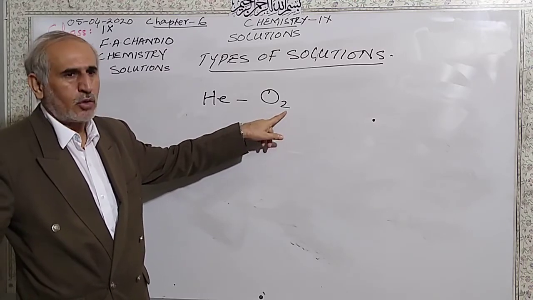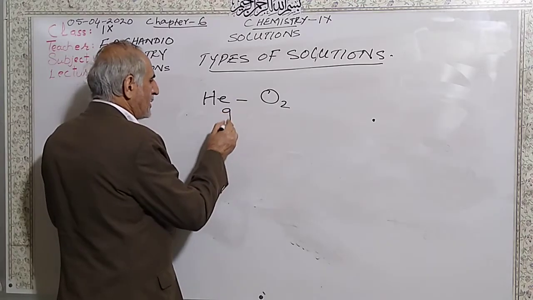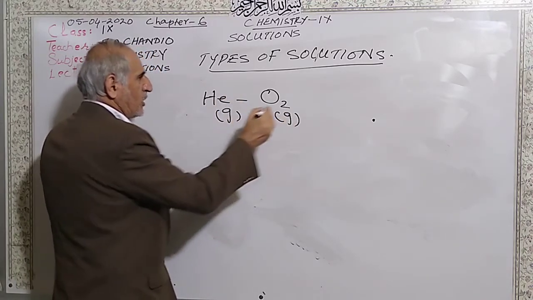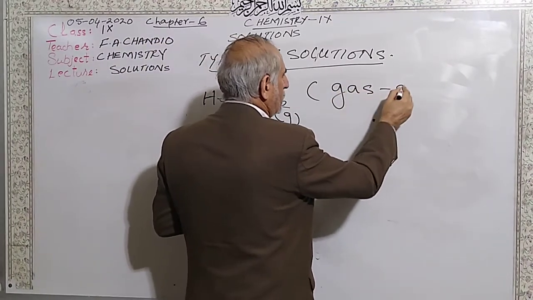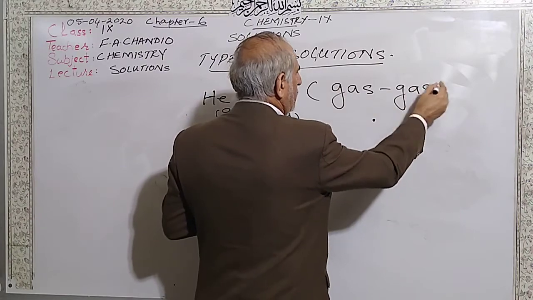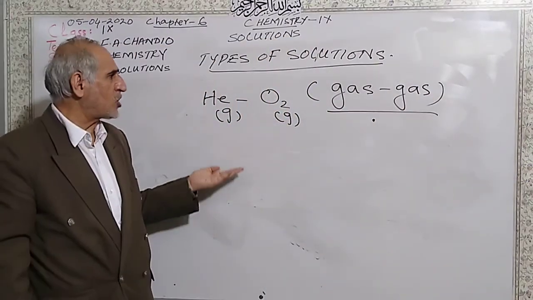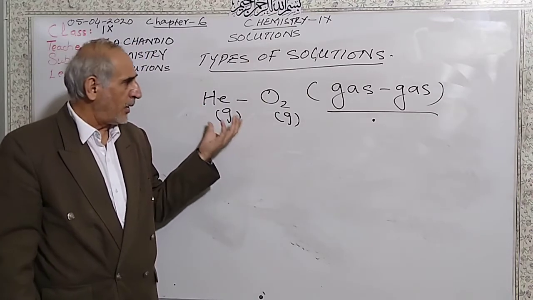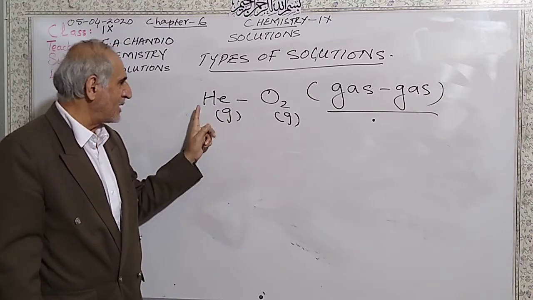I can write in the molecular form. So the answer is clear. Helium is a gas. Oxygen is also a gas. This is an example of gas in gas. This is the answer. Gas in a gas, and the state of the solution is also gaseous.